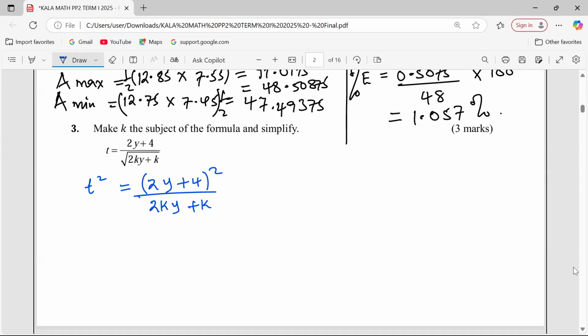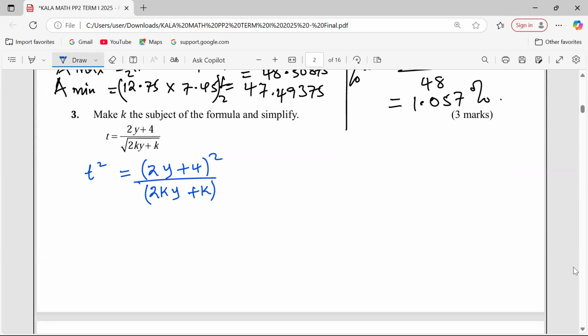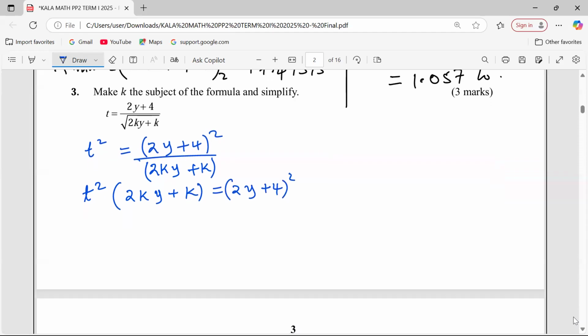To make k the subject, we can multiply both sides by this denominator here, such that we have t squared multiplied by 2ky plus k equals 2y plus 4. This one has been squared that way.